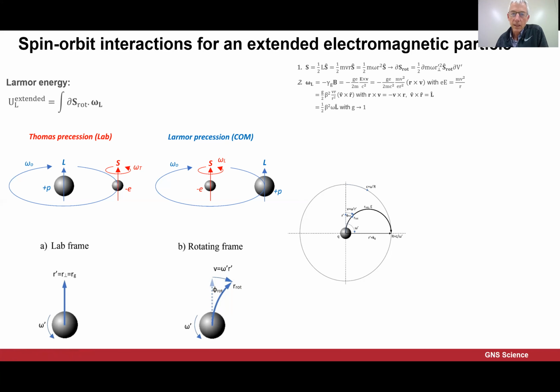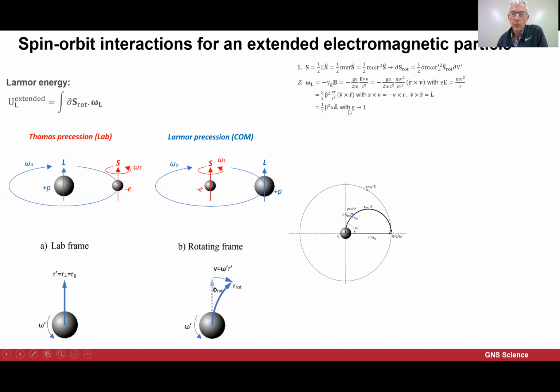The precession element is given by this expression here, and we see that it is proportional to the velocity squared.